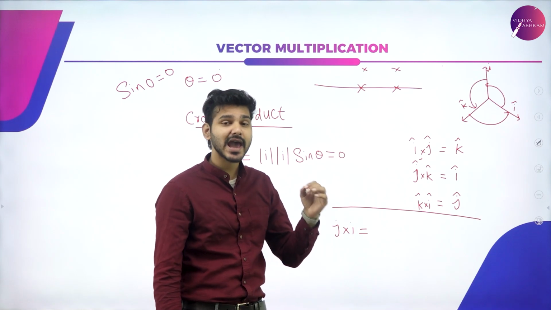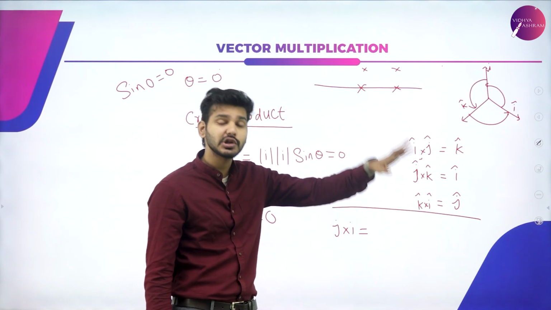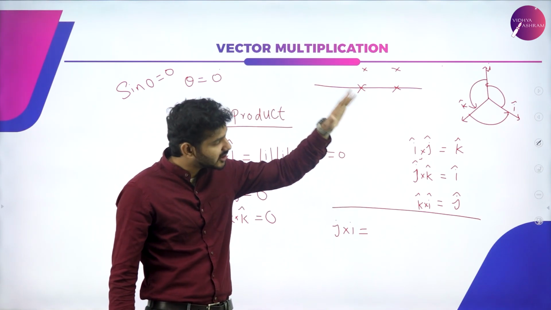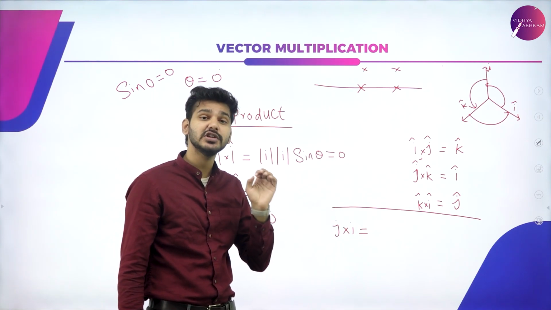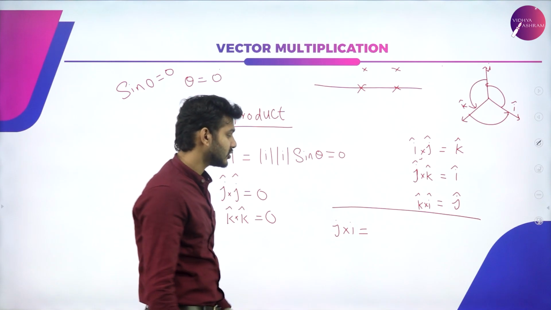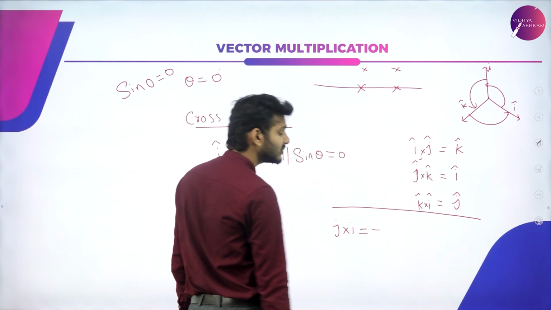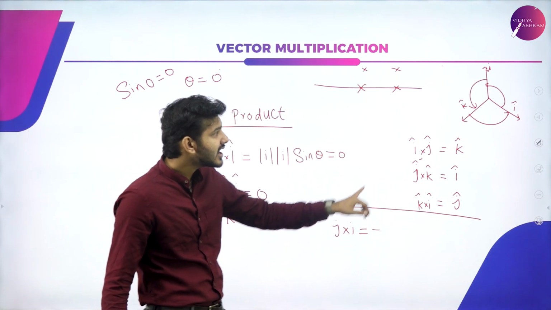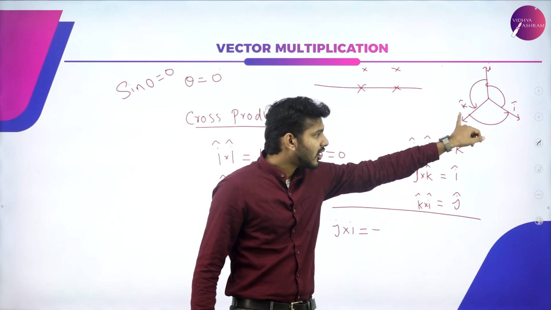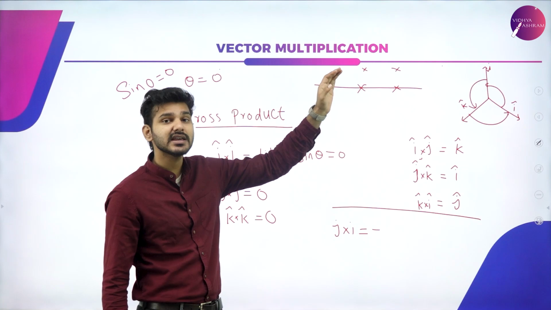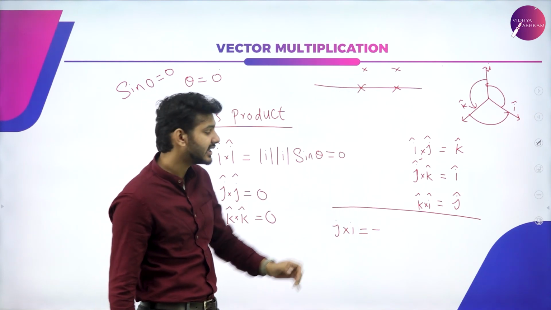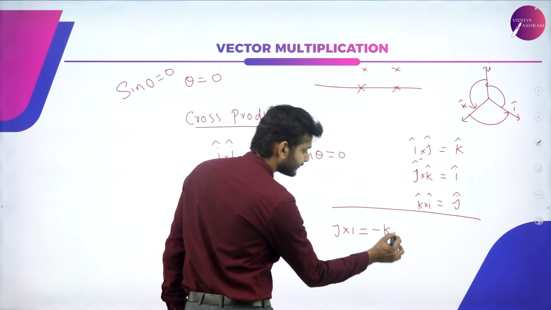We know that angles are measured from the horizontal to the left. So when we are measuring in the opposite direction, the direction is different, which means we have to introduce a negative sign. J cross I will always be equal to K, but in this particular case, since we are taking the reverse direction, it will be equal to minus K.